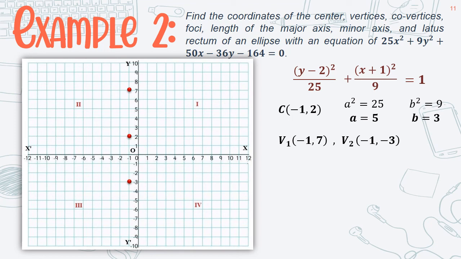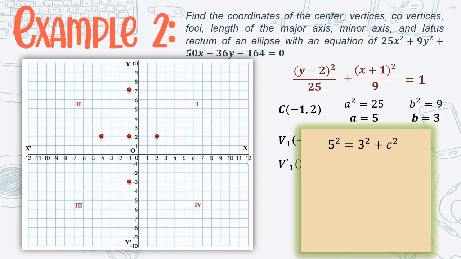Again, b is the semi-minor axis. So there we have the endpoints or the co-vertices of our ellipse. So V' 1 is at (2, 2), and V' 2 is at (-4, 2). Again, those are our co-vertices.